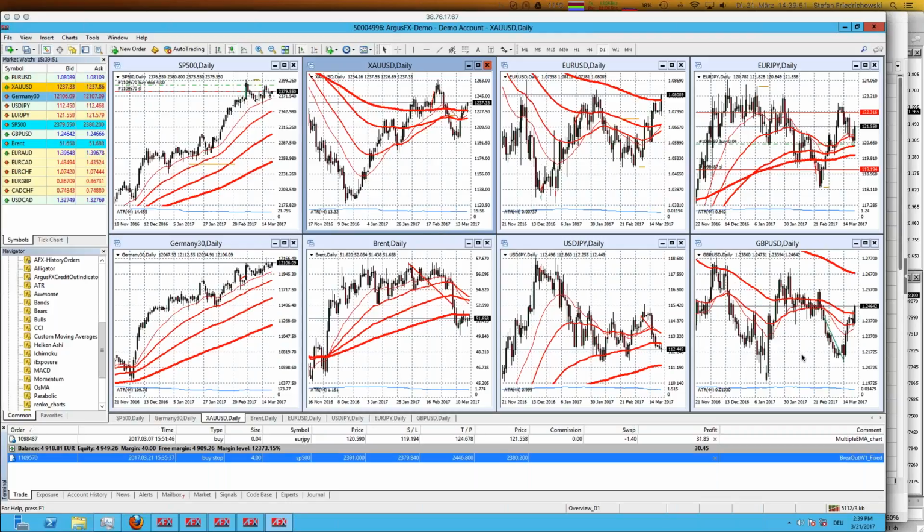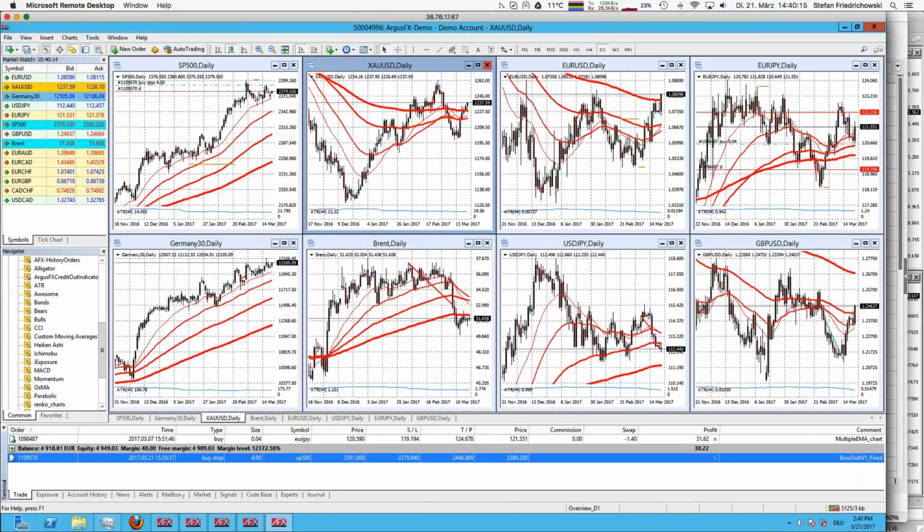Same for Euro, Japanese yen, but there's already a long trade running, and this would be a second long trade. And finally, British pound, US dollar, just in preparation, but not already there. So not the best chance. So there is a chance exactly here.